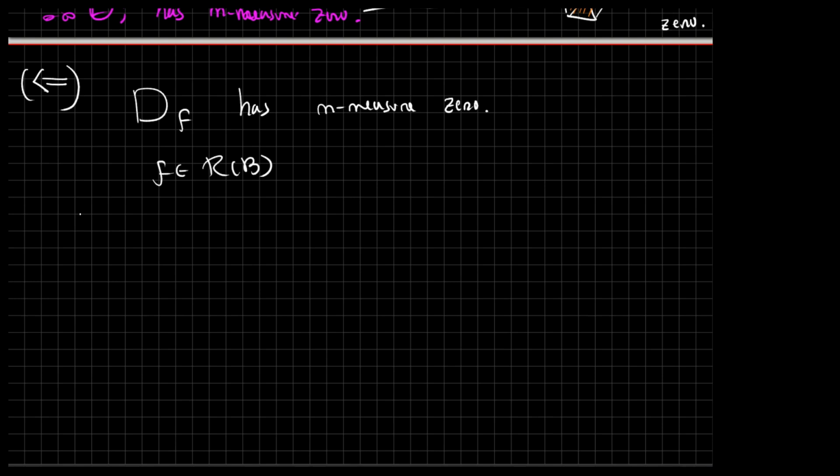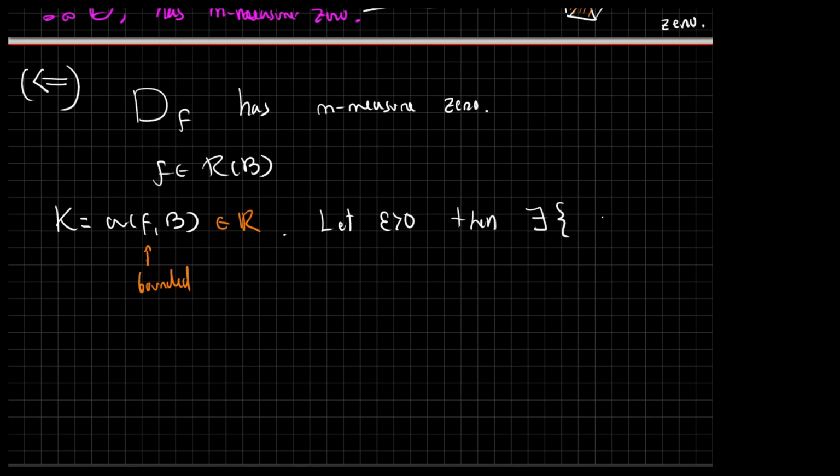Now, let's say that k is equal to the oscillation of f in its domain. Recall that at the beginning we said that f is a bounded function, so its oscillation in the whole domain will be a real number. Now let epsilon be any positive number, then there will exist some countable collection, let's say from this into infinity, of open cubes.